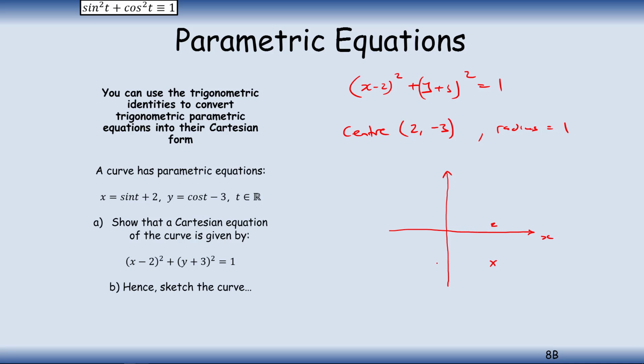That's 2 and minus 3, and the radius is 1, so it's quite a small circle, a unit circle. That's job done. And if I label it, (x minus 2) squared plus (y plus 3) squared equals 1. Good. It's nice and straightforward.